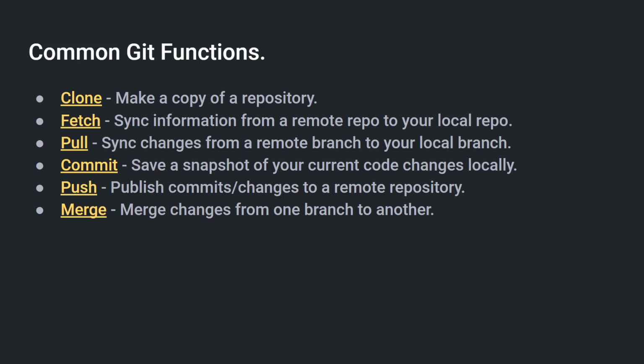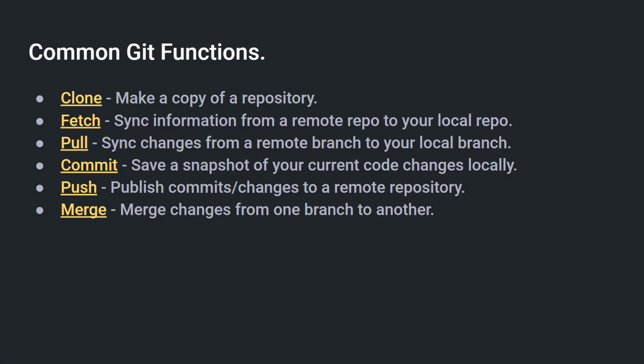And then pull. Pull syncs changes from a remote repository, or from a remote branch, to your local branch. The difference between pull and fetch is that, for example, let's say someone on your team has created a few new branches.